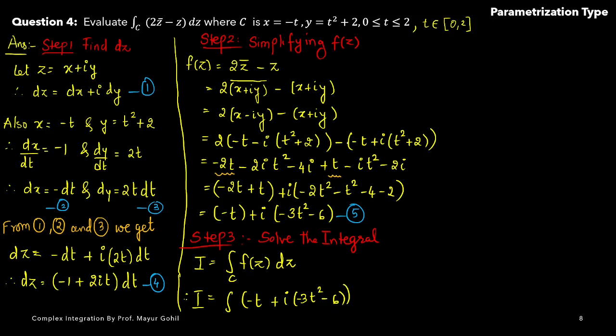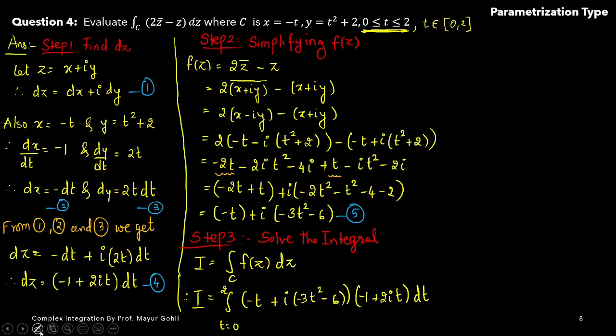And we see that dz has got converted from this fourth equation, minus 1 plus 2i t dt. And the limits for t are to be written now. The limits are given in the question itself. It is going from 0 to 2, so t is going from 0 up to 2. So that is the integral complete over here.